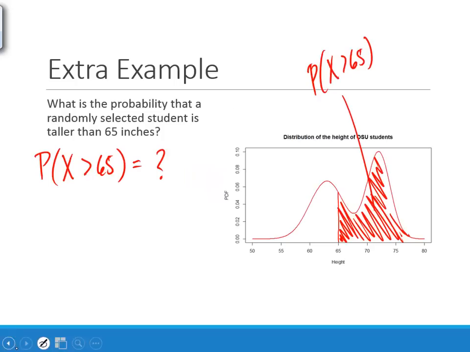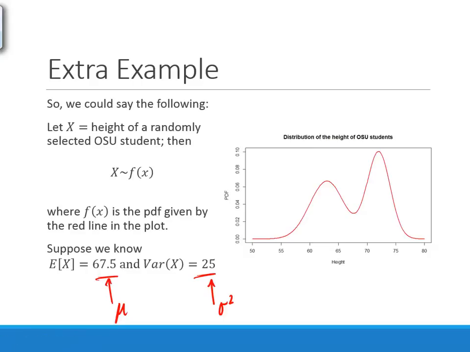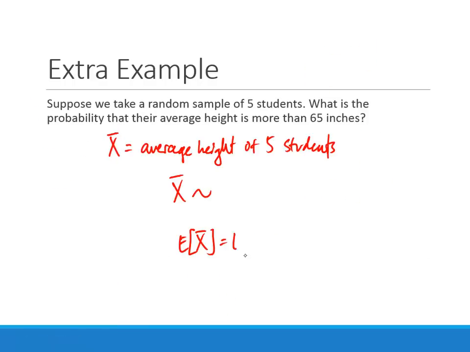If I look at the original information, what's the mean of the sampling distribution? 67.5, right? Same as the mean of the distribution I'm looking at, of just the x's.